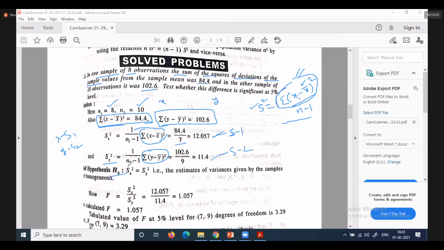Actually here we have to use the notation sigma 1 square and sigma 2 square, but they use this notation. No need to worry about it. In general, we have to state that there is no difference between two population variances: sigma 1 square equals sigma 2 square.